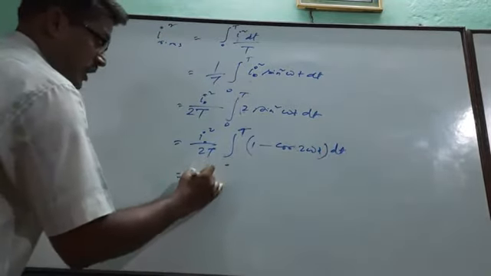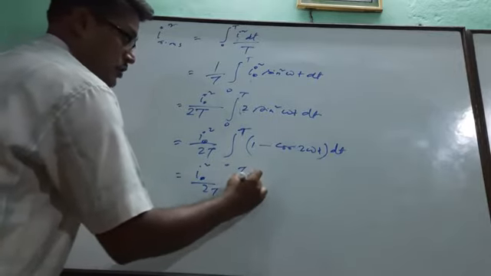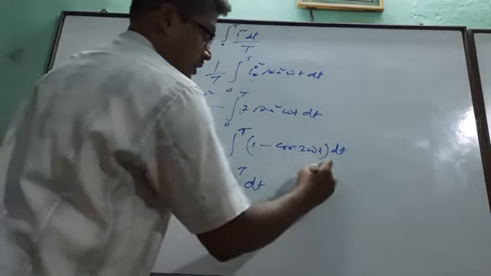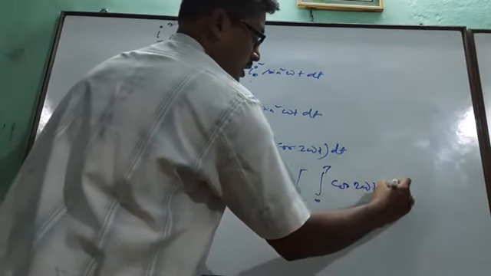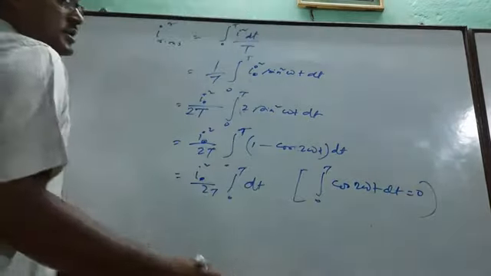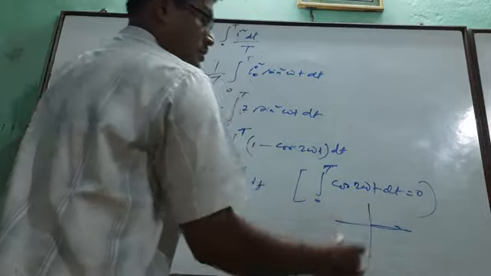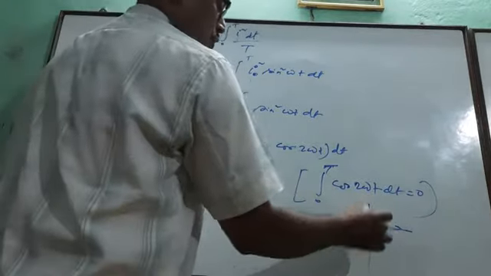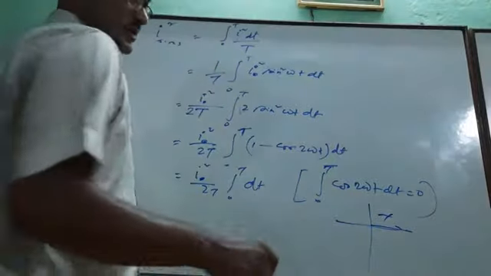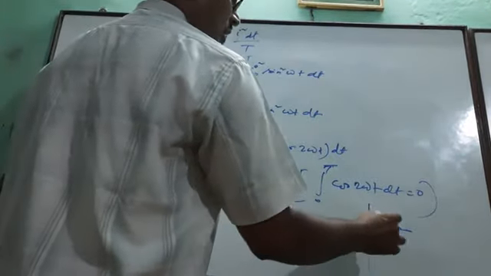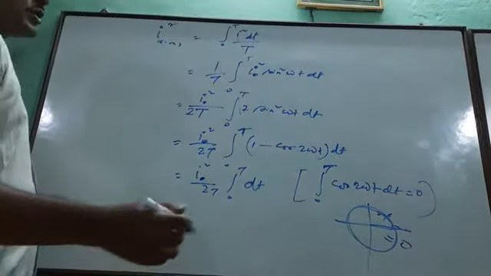So here comes I0 square by 2T, integral 0 to T dt, minus integral 0 to T cos 2 omega t dt, which equals 0. Because over the total time period, cos has two positive and two negative halves, so the total value will be 0 for a total angle of 360 degrees or 2 pi.